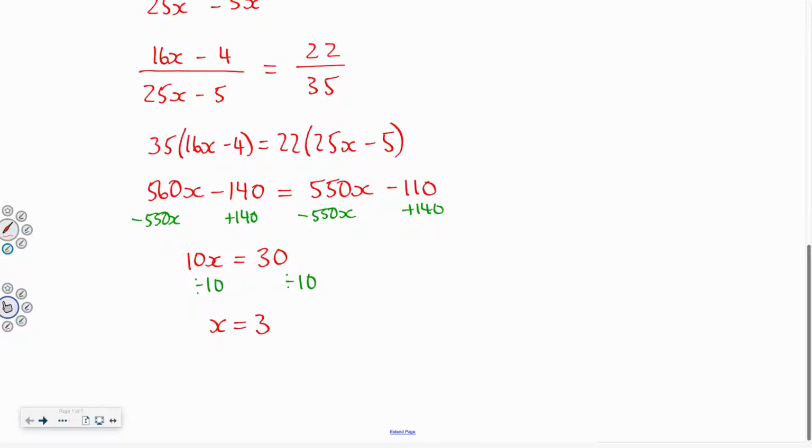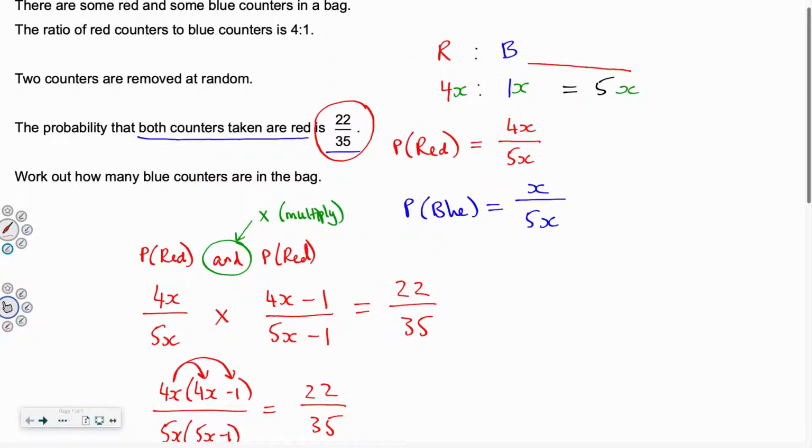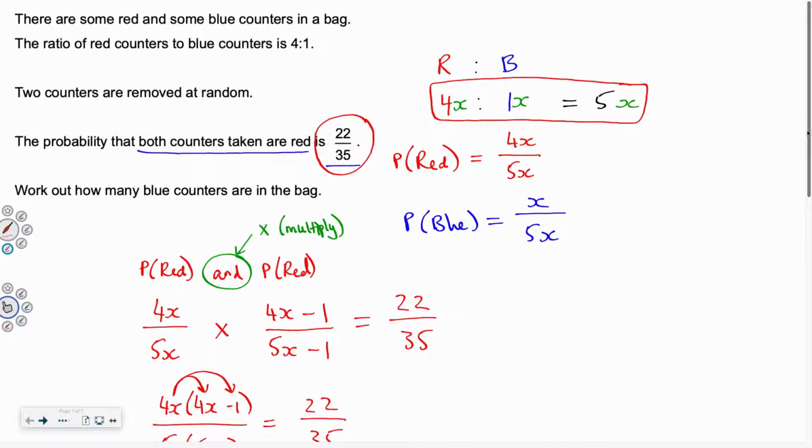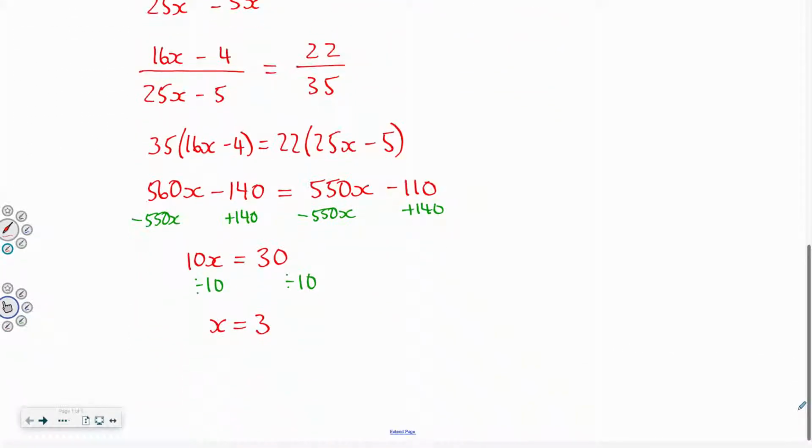Now if we have a look back at our ratio, when we scaled everything up by x, we had red was 4x, blue was 1x. So the number of blue counters in the bag is equal to x.